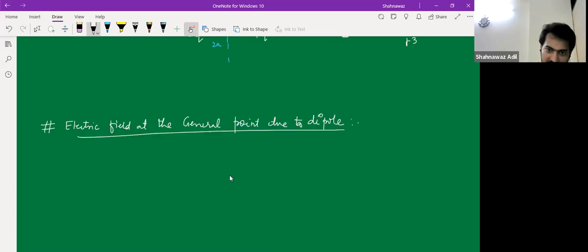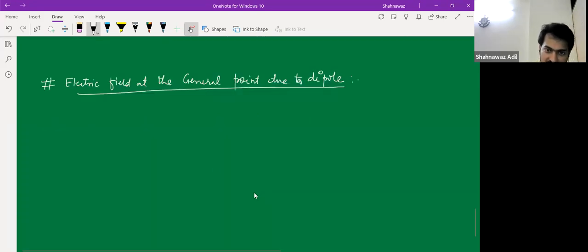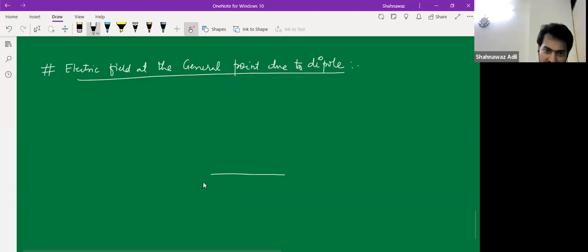General point means that I have a dipole, and the separation is 2a. I want to calculate the electric field at this point. This point is making an angle theta with the dipole. Understood, guys?